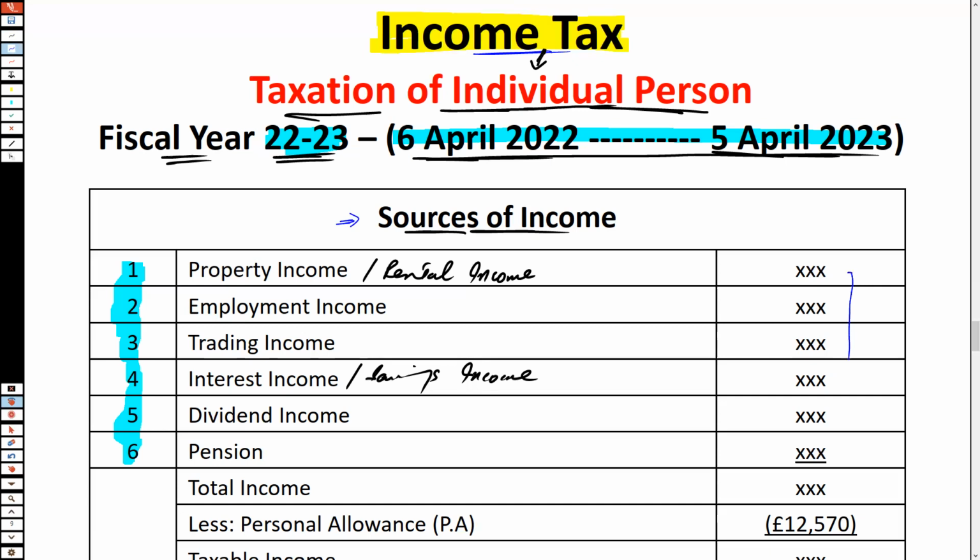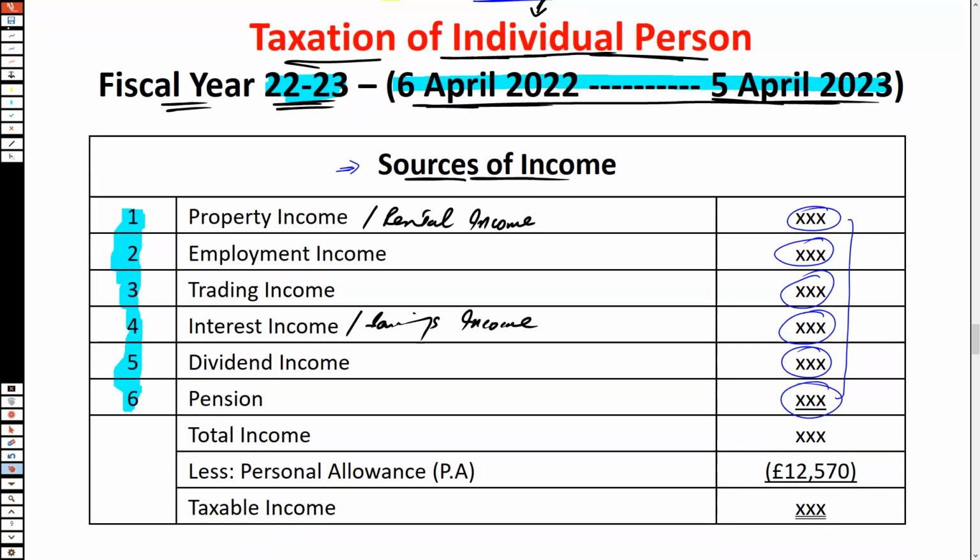We calculate each source of income separately and put it in this income sheet. Property income is a separate topic. Employment income is a separate chapter. Trading income is a separate discussion. Interest income, all these are calculated separately and reported in the sources of income or the income sheet of the person.